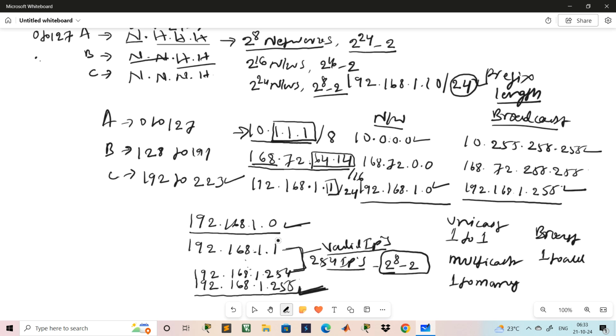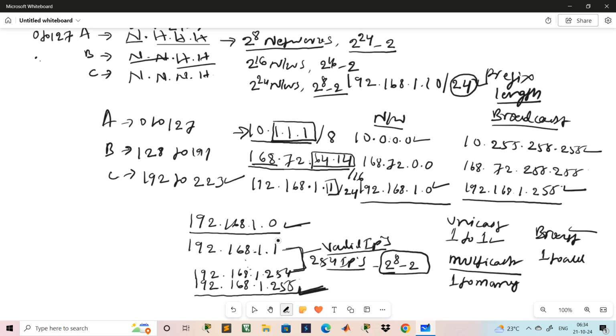The best example is WhatsApp: if you are sending a message to your friend, it becomes a unicast. If you are posting a message in a group, 1-to-many, it becomes a multicast. And if you are sending a message in WhatsApp to everyone in that network, that becomes a broadcast.